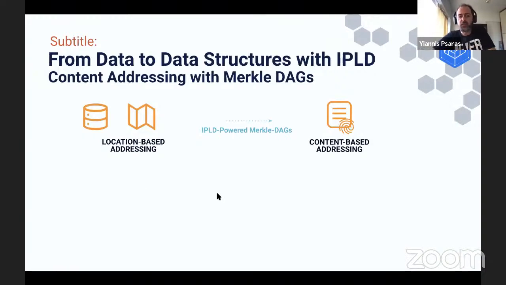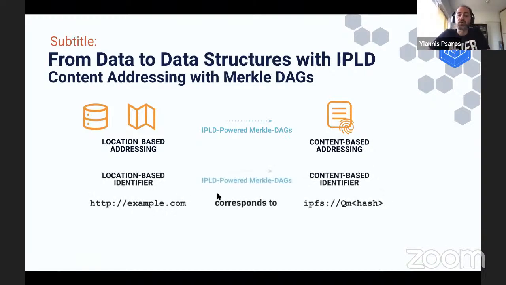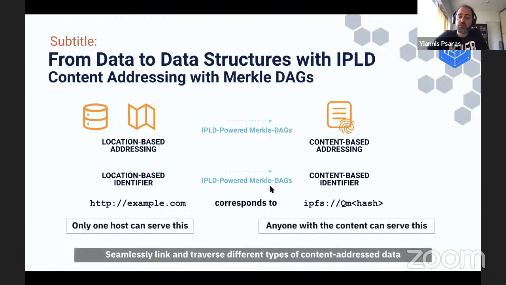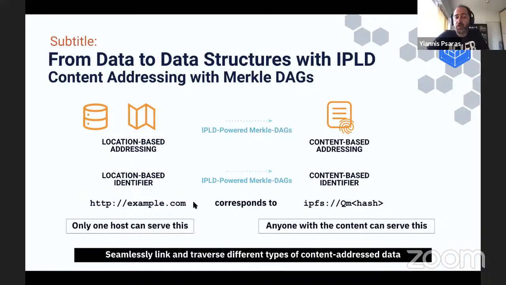It takes us from location-based addressing to content-based addressing. So you get this URL, which in IPFS terms corresponds to ipfs:// followed by the hash. This is a very powerful thing because, as we said before, only one or very few hosts can actually serve this URL here, as compared to this one, where anyone with the content can serve it back to you.